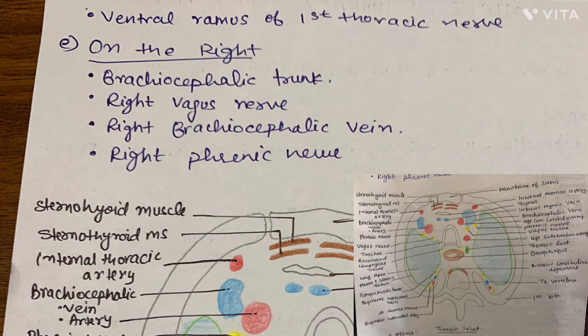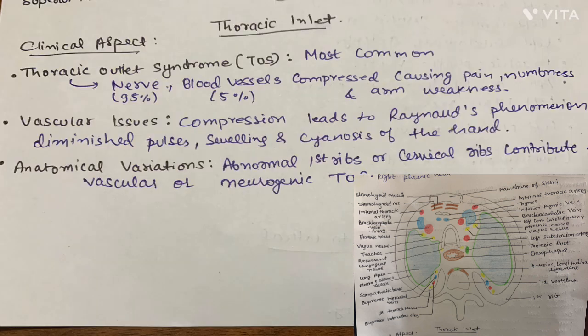And then on the right side, there is the brachiocephalic trunk, then right vagus nerve, right brachiocephalic vein, and right phrenic nerve.